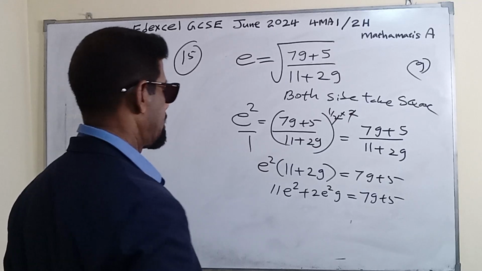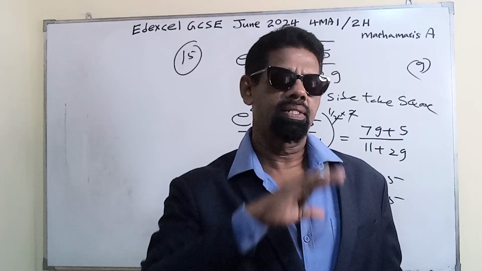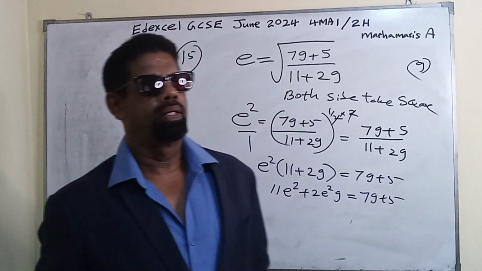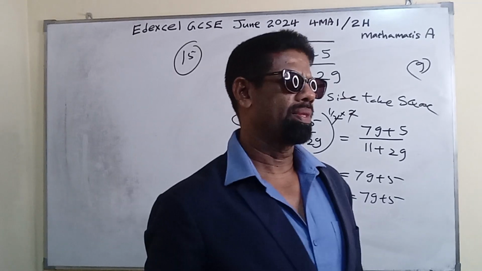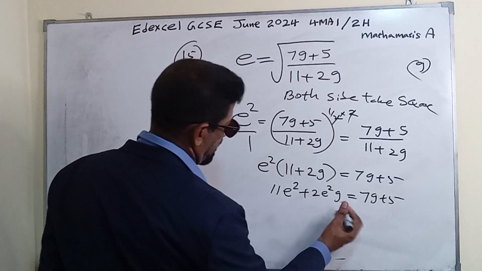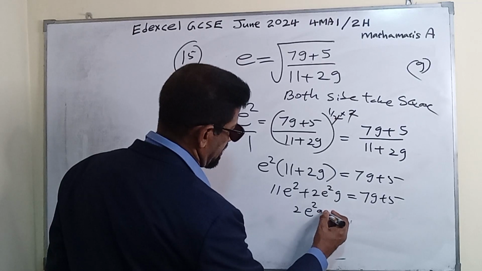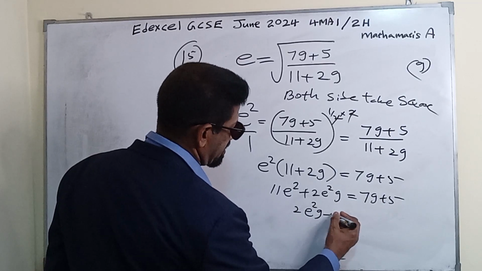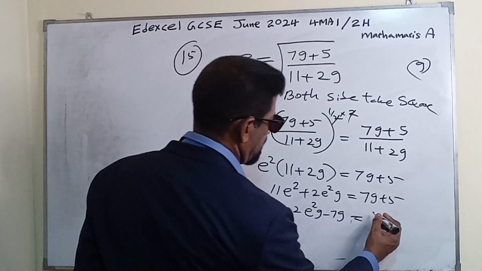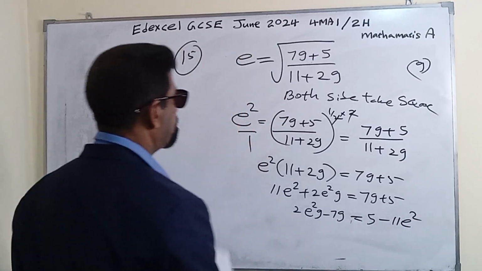Make g the subject: keep g on the left-hand side and move the others to the right-hand side. When moving any letter or number, the sign changes. Just keep g as the subject: take 2e squared g, take the 7g to this side as minus 7g, equals 5 minus 11e to the power of 2.